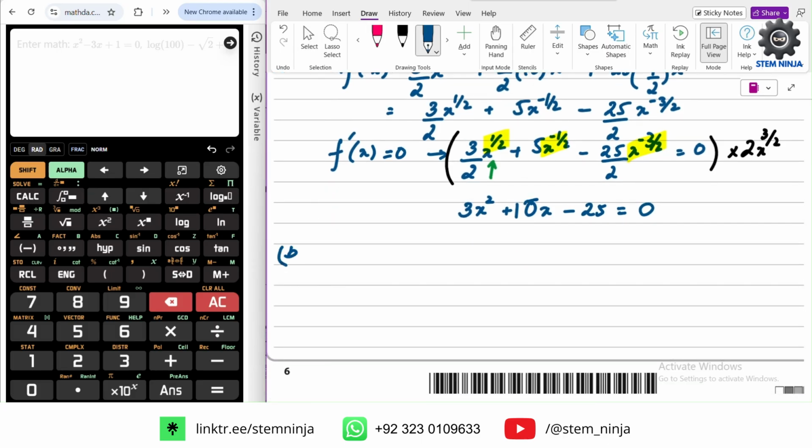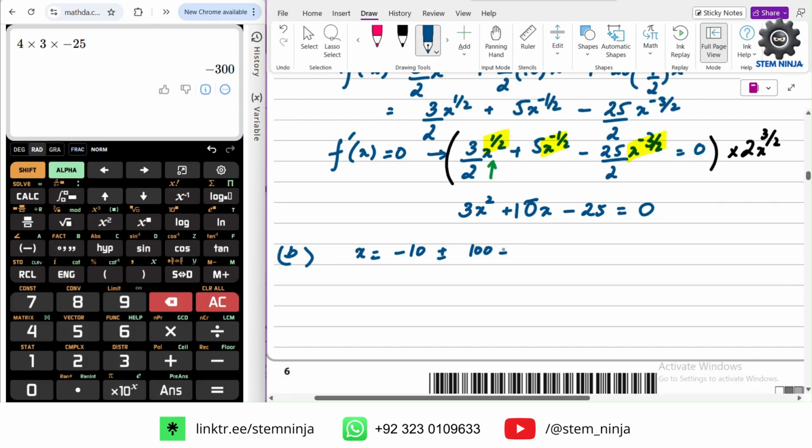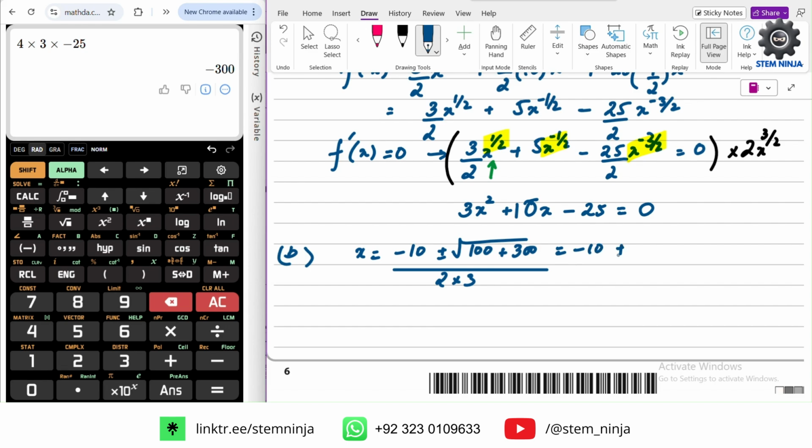So we need to solve this quadratic equation. So x would be minus 10 plus minus the square root of b squared minus 4ac, 4 times 3 times minus 25, that is 300, so minus minus, plus 100, giving 400, divided by 2 times 3. So this would become minus 10 plus minus the square root of 400, which is 20, divided by 6.